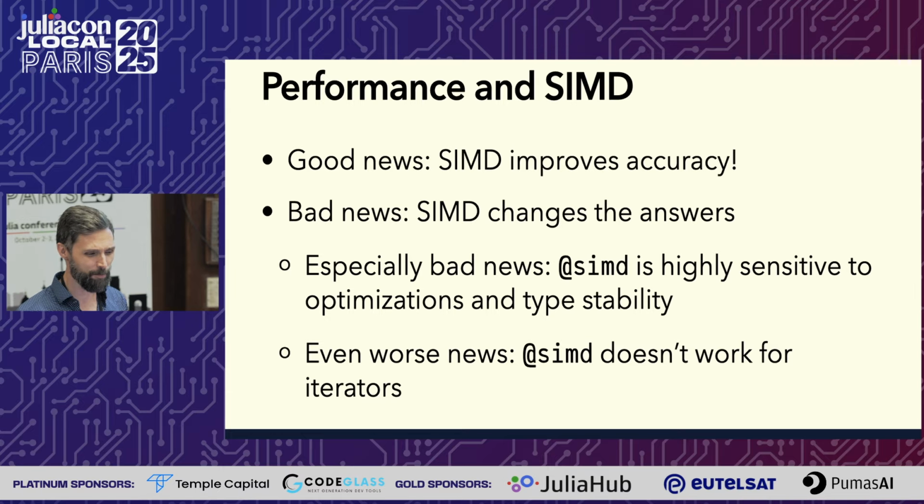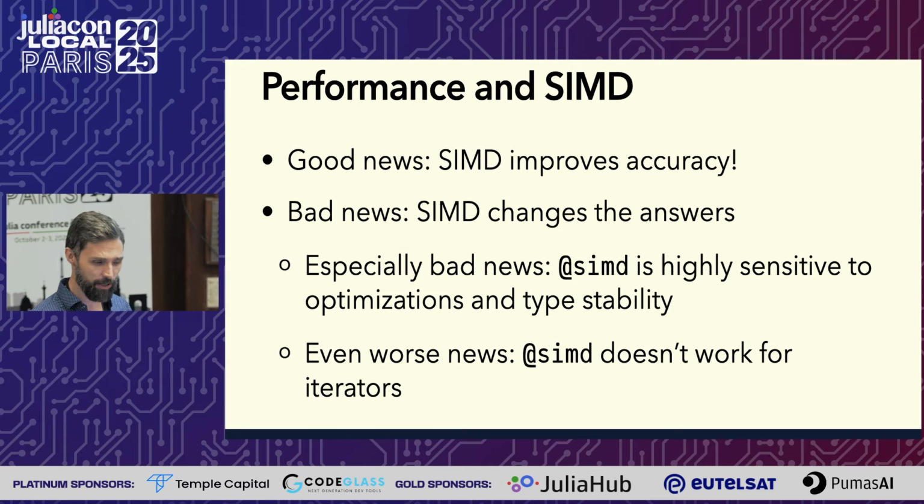And what makes that especially bad news is that SIMD is highly sensitive to optimizations and type stability, right? So if you have a bounds check, you're not going to get SIMD code. If you have a type instability, the SIMD macro is not going to give you that. It's leaning on the compiler to do it if it can, if it feels like it. Don't know. Maybe it will, maybe it won't. It also doesn't work for iterators.